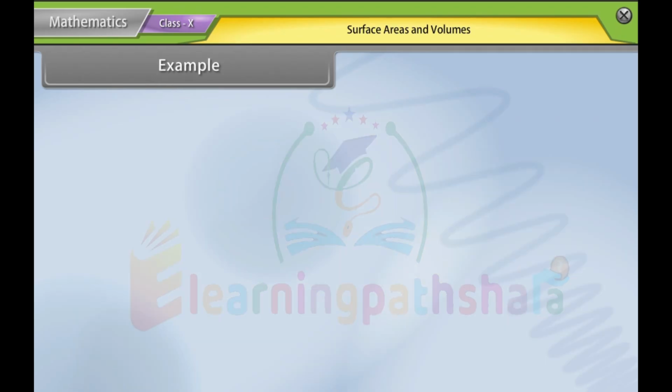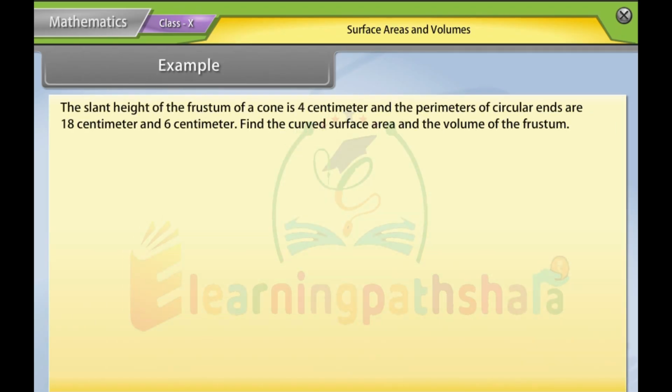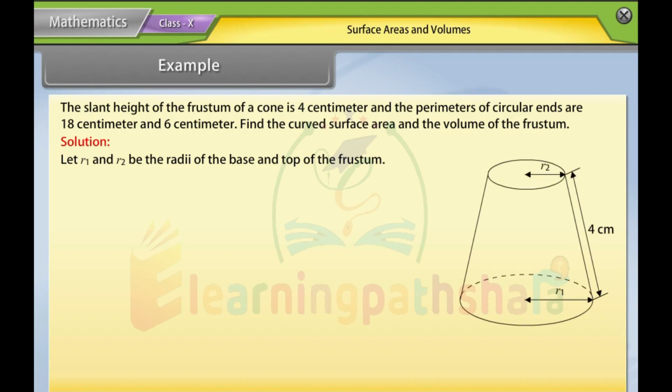Example. The slant height of the frustum of a cone is 4 cm and the perimeters of the circular ends are 18 cm and 6 cm. Find the curved surface area and the volume of the frustum. Solution. Let R1 and R2 be the radii of the base and top of the frustum.